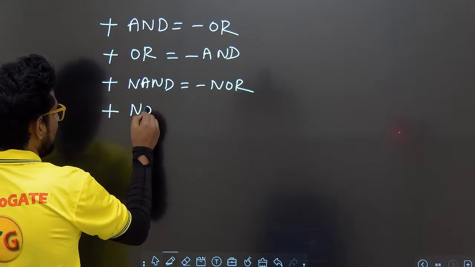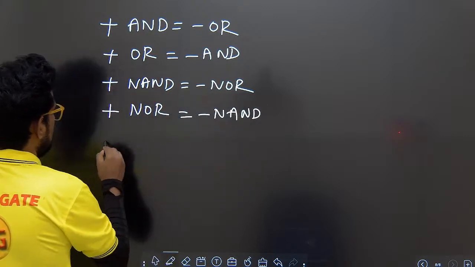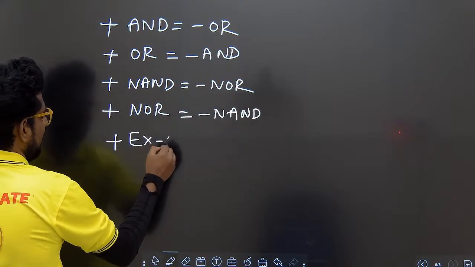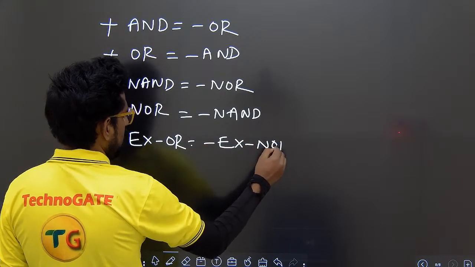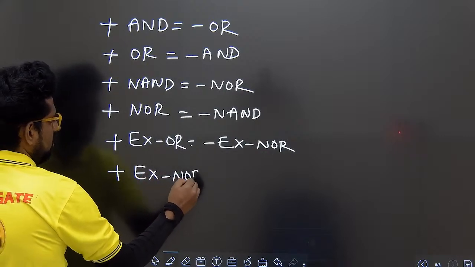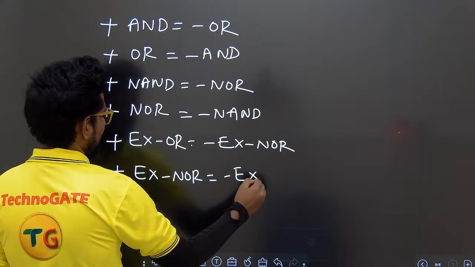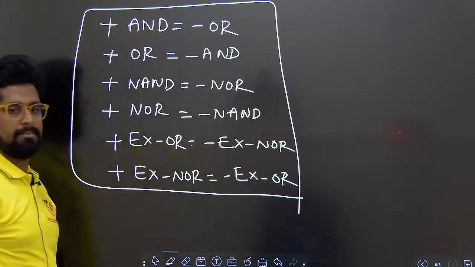Positive level NOR is equal to negative level NAND. Positive level XOR gate is equal to negative level XNOR. Positive level XNOR gate is equal to negative level XOR, and NOT remains the same.